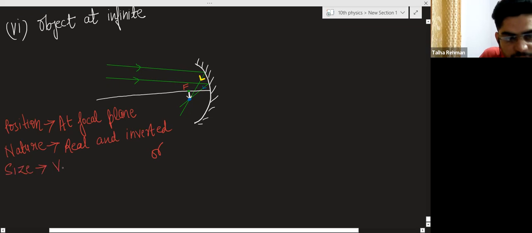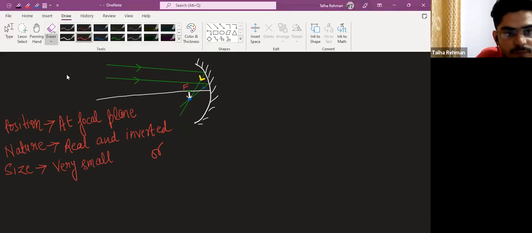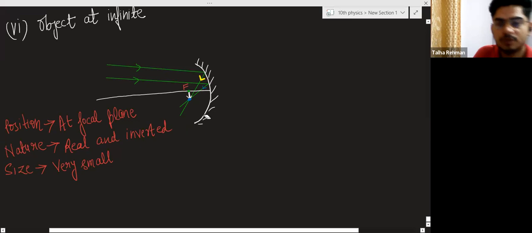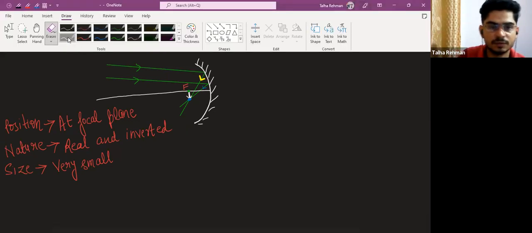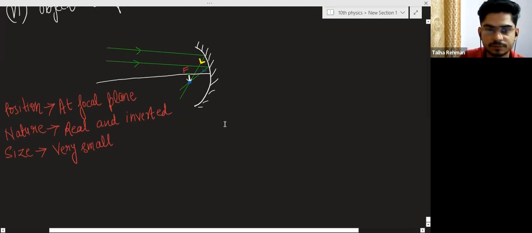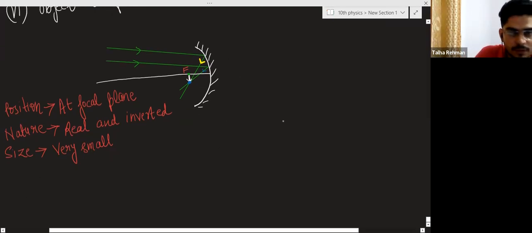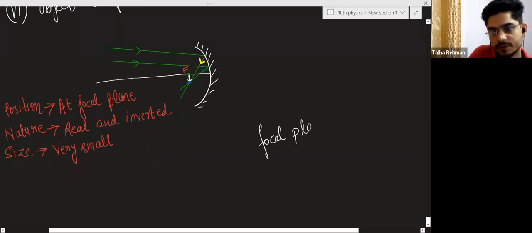Size of the image is very small. Point size, you can say, very small. You can write focal plane.